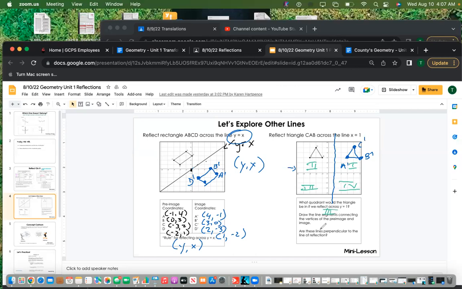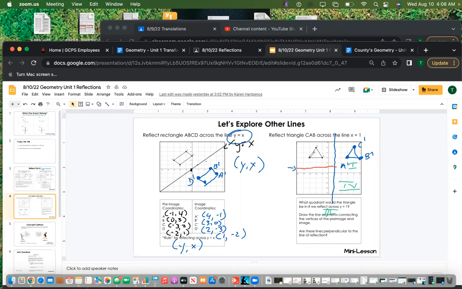Draw the line segments connecting the vertices of the pre-image and post-image. Are these lines perpendicular to the line of reflection? I'm assuming they're still talking about y equals 1, so let's draw that out. y equals 1 is right here.